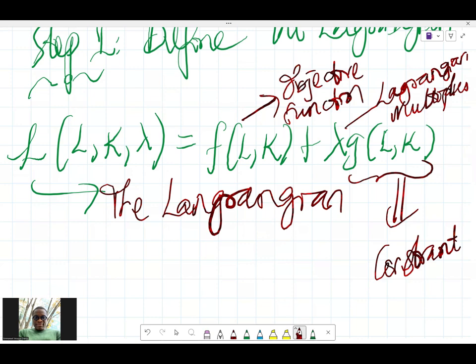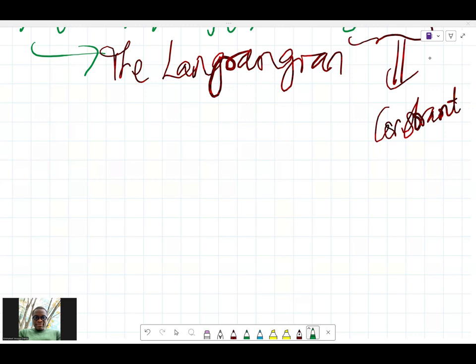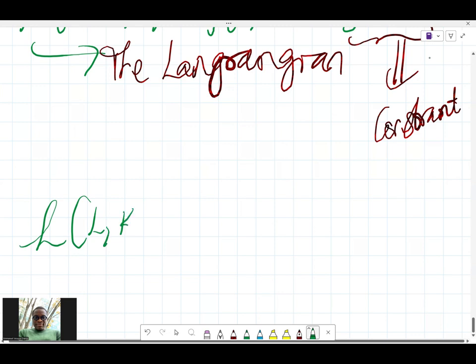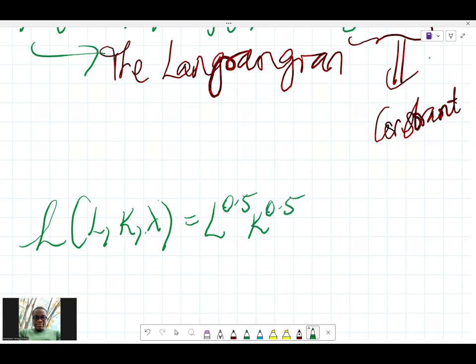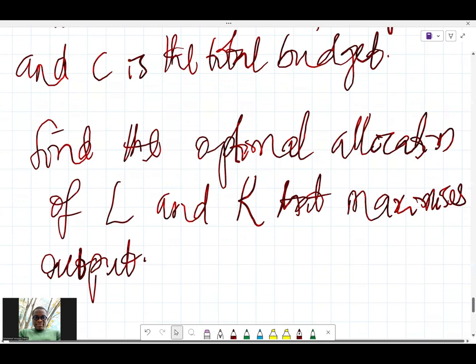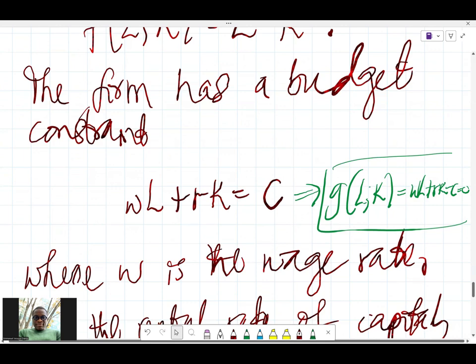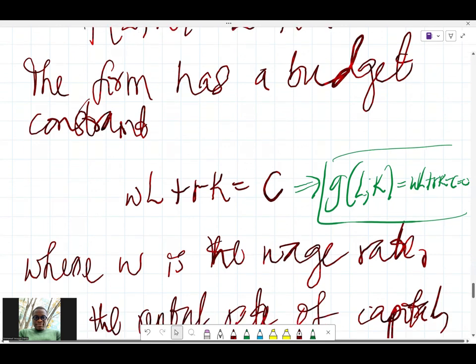All right. So with this in place, we can go ahead and say that our Lagrangian of L, K, lambda is equal to L raised to power 0.5 K raised to power 0.5 plus lambda into, of course, the first one is this, the objective function, and then the constraint is this, which has been rewritten as omega WL plus RK minus C equals 0.